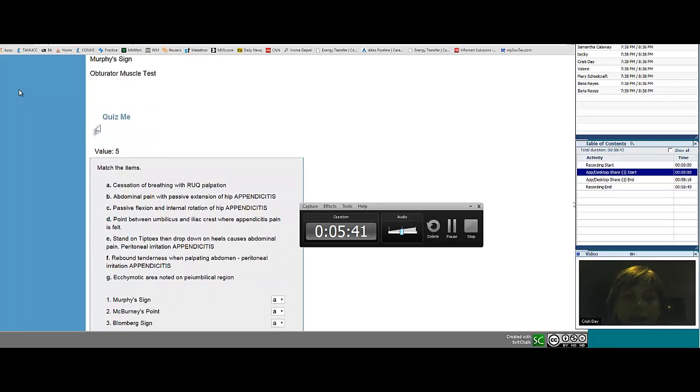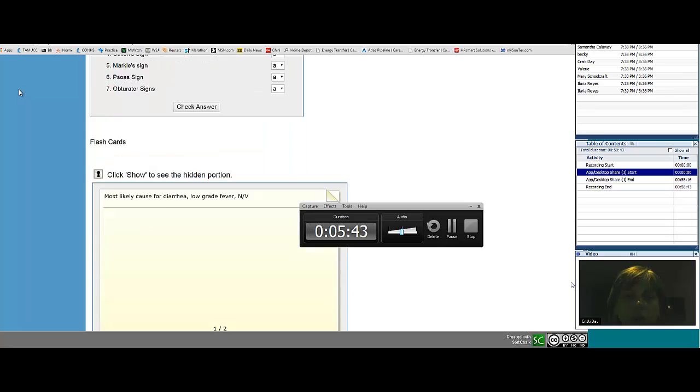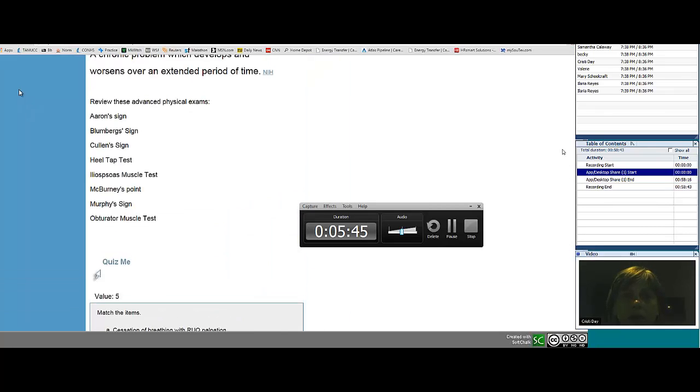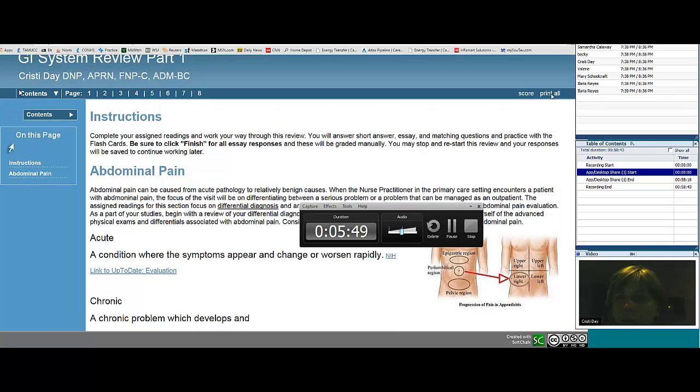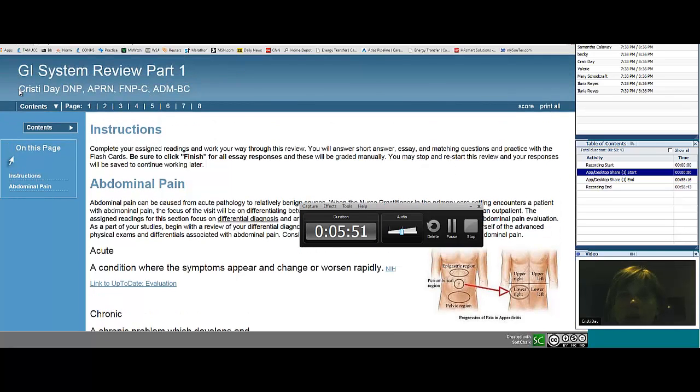I just gave you a little practice there. So any questions on abdominal pain as far as how to focus your studies? I don't think there's much. You have general abdominal pain because so many people have it. It's a really common complaint, and it can be so many different things.